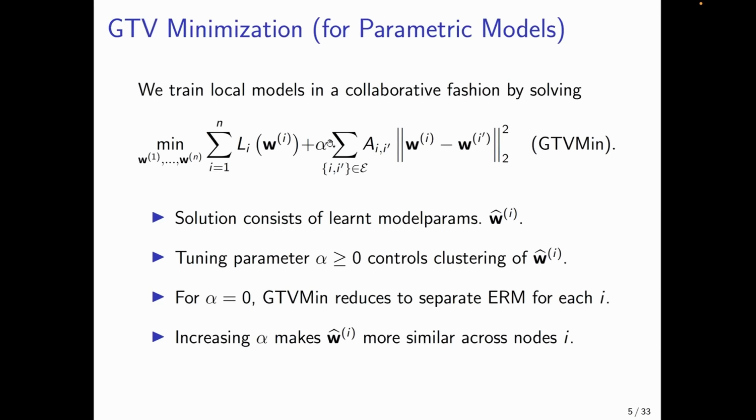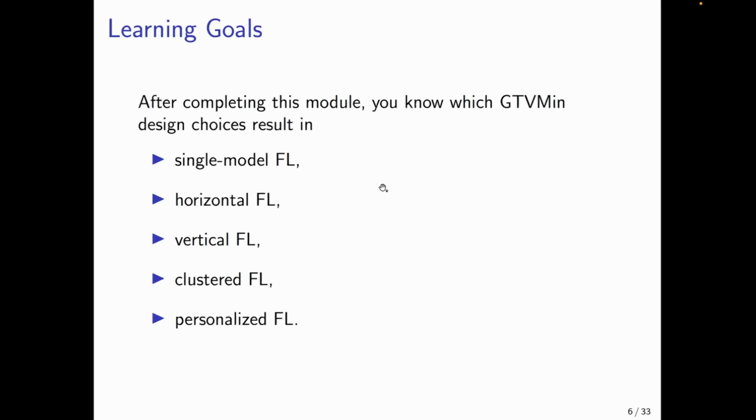A special case here: if we choose alpha equal to 0, this GTV minimization breaks down into individual training problems. So we would have one machine learning problem for each node. But if we use alpha larger than 0, all of a sudden these learning problems are coupled.